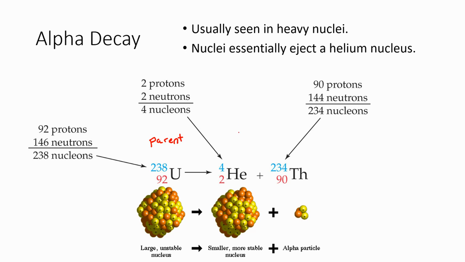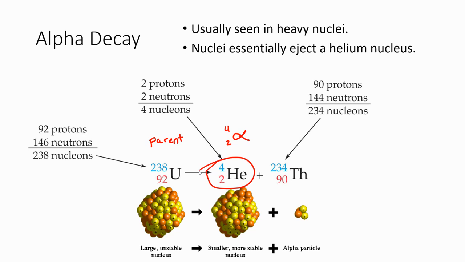Sometimes you'll see that alpha particle written by the symbol alpha, with a 2 and 4 for atomic number and mass number together. What that is, though, is what we refer to as a helium nucleus. The alpha particle is a helium nucleus that is essentially being ejected from this unstable parent isotope.